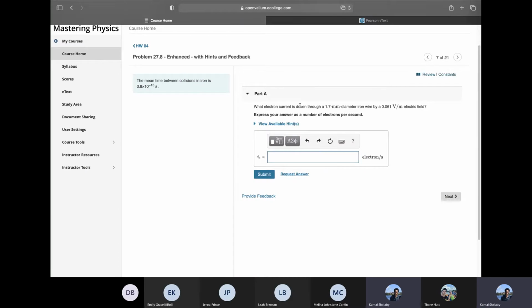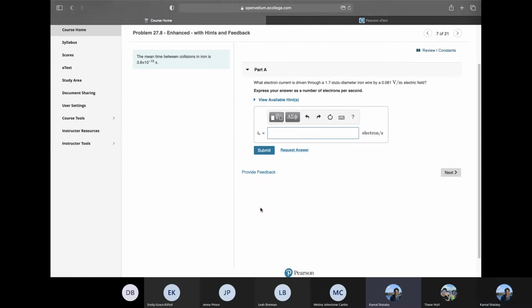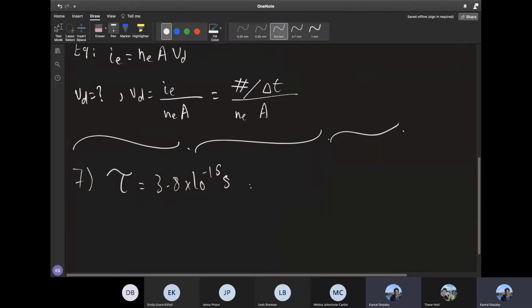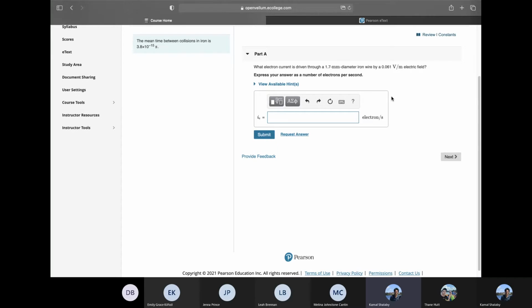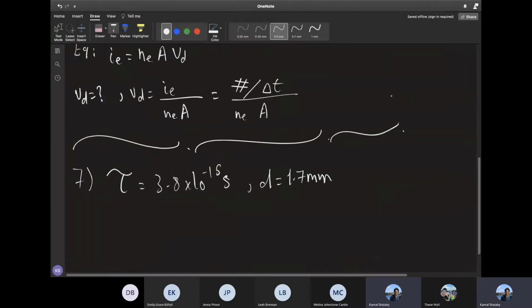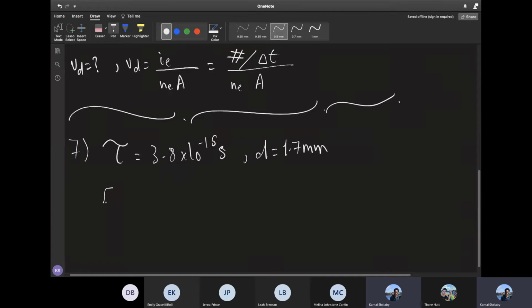What electron current is driven through a 1.7 millimeter diameter iron wire by a 0.0061 volts per meter electric field? So let's write that down. Our diameter is equal to 1.7 millimeters. And we have our E is equal to 0.0061 volts per meter.